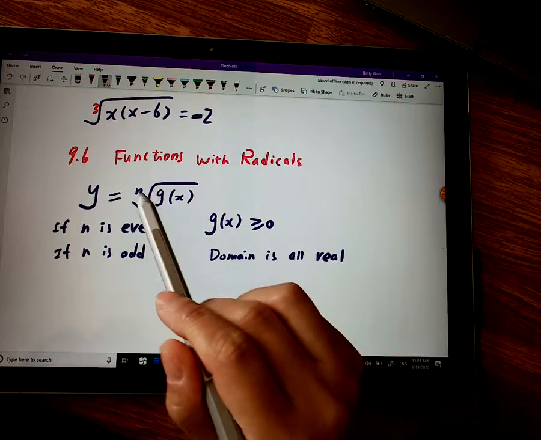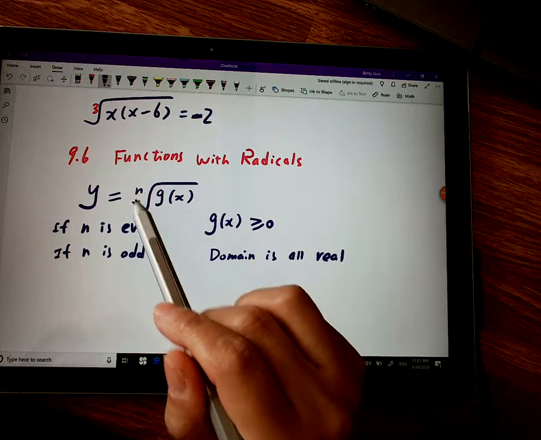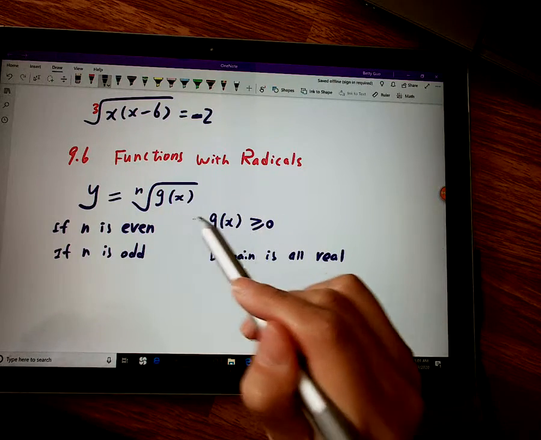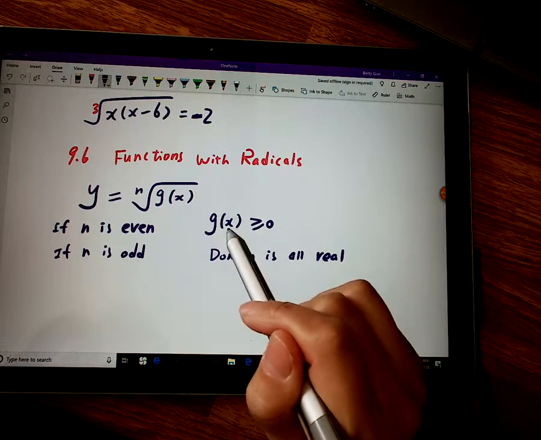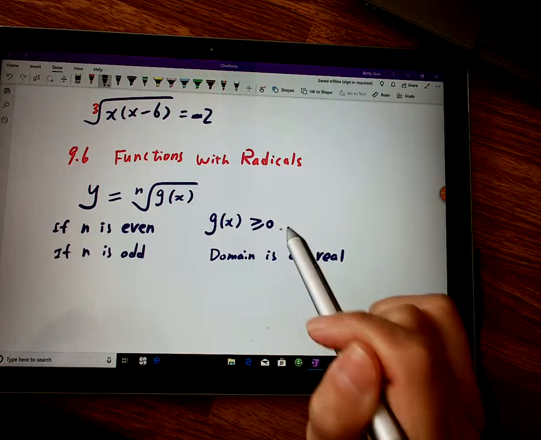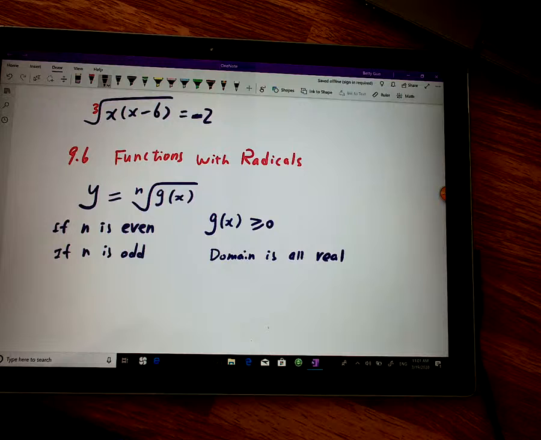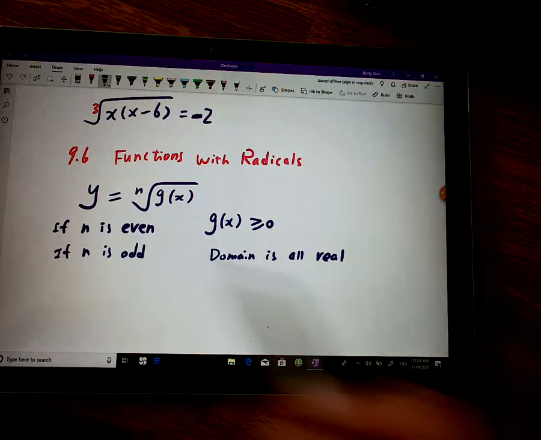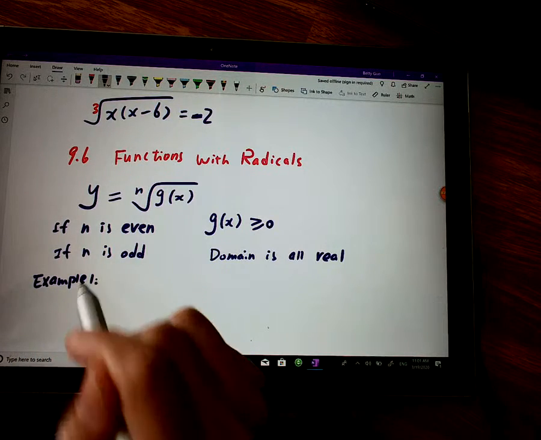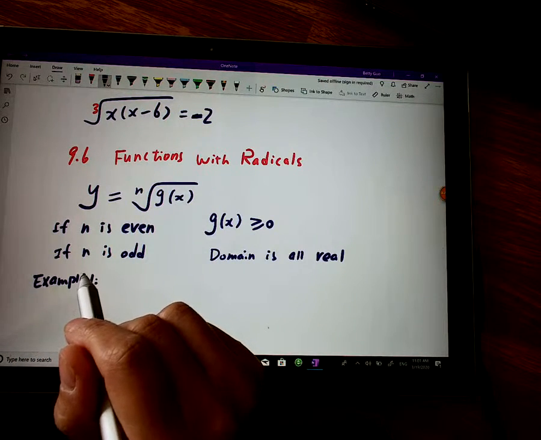But if the root number of the radical is even, then the domain has to be all the values of x which satisfy the radicand bigger than or equal to 0. For example, find the domain and range for the following functions.